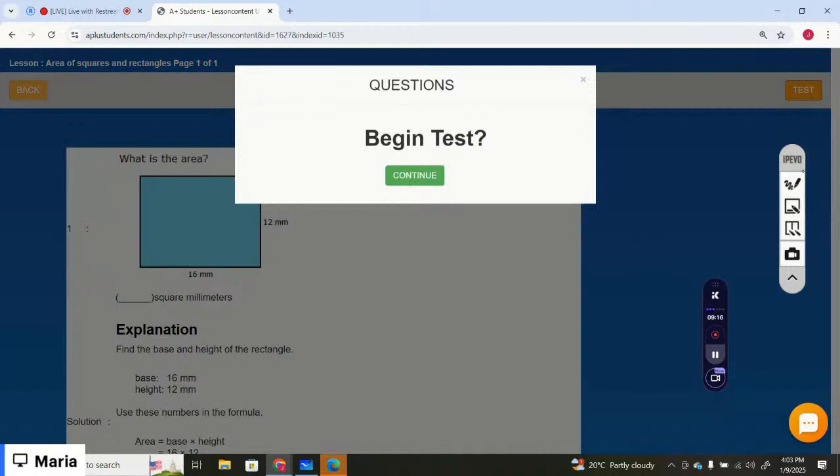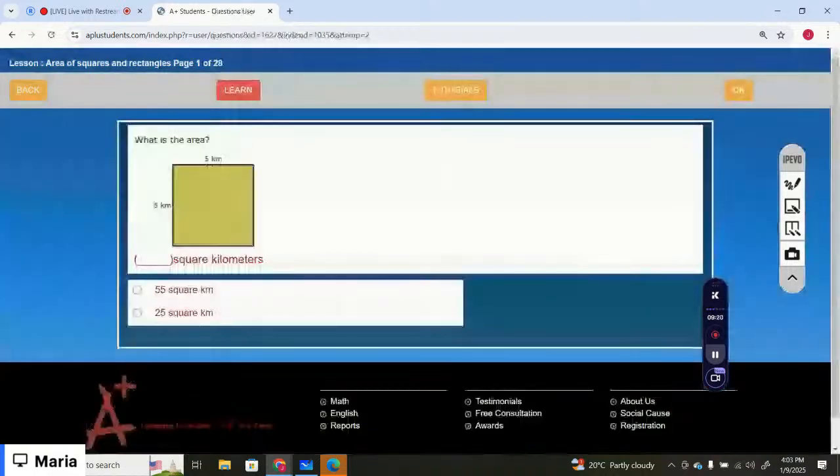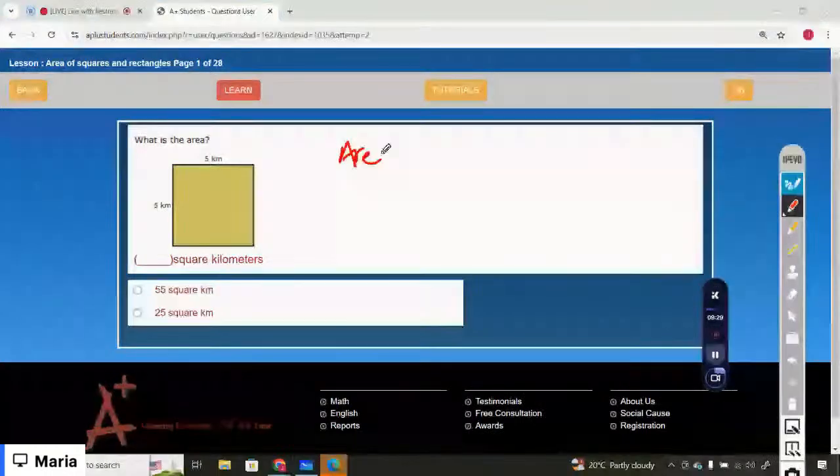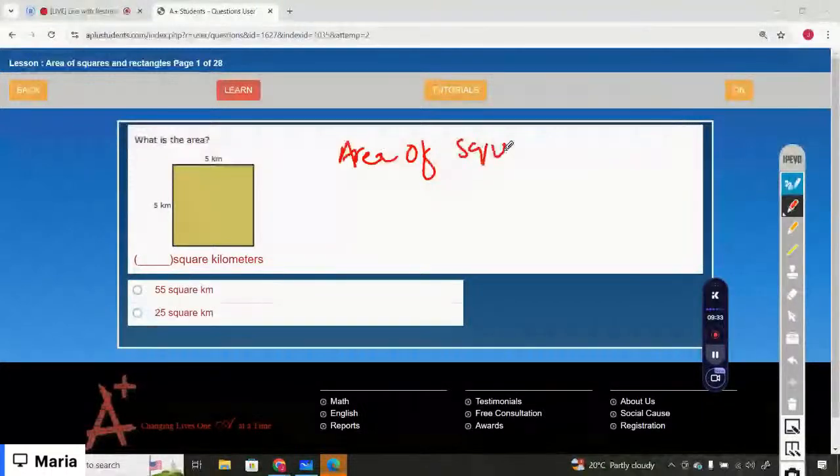Let's just start with the test questions. You are given a square. You need to calculate the area of the square. So the area of square, how do we calculate? Square has all four sides equal in length. Area of square is side times side, right?